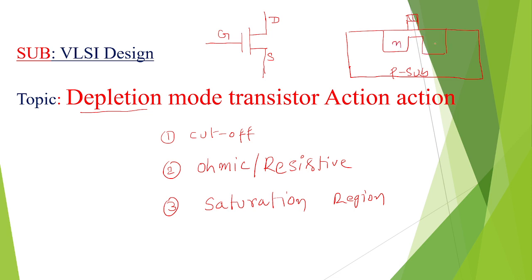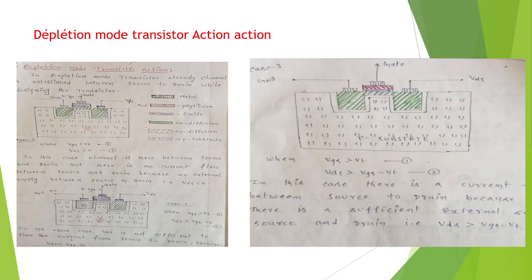This is N and this is N. Already the channel is established between source and drain. This is the channel, this is the source and this is the gate terminal. I will explain the three regions clearly.